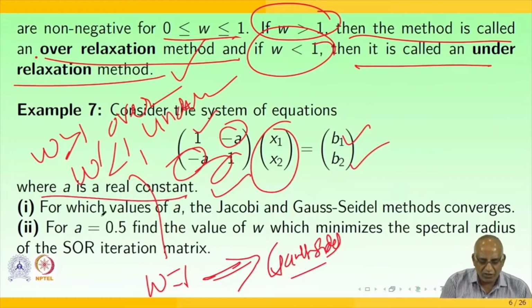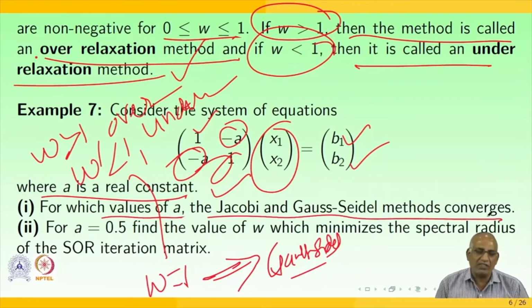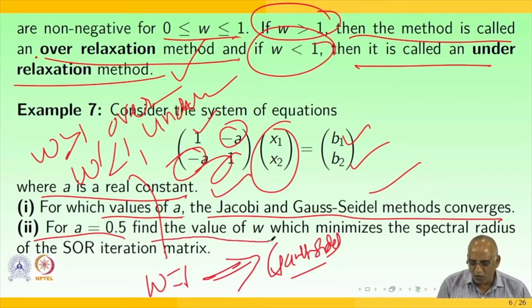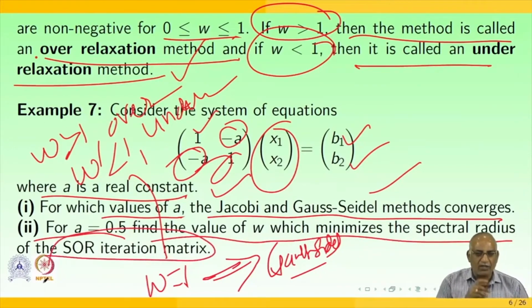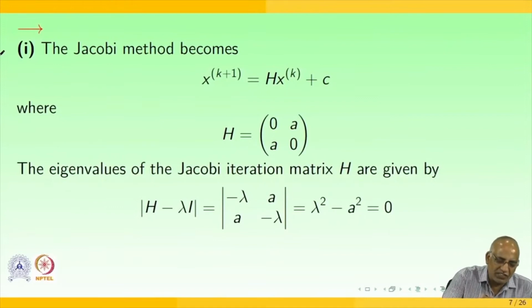For which values of a do the Jacobi and Gauss-Seidel methods converge? The question is, what are the values of a such that the Gauss-Jacobi and Gauss-Seidel methods converge? For a is equal to 0.5, find the values of w which minimize the spectral radius of the SOR method. Let us look at it in the first example.